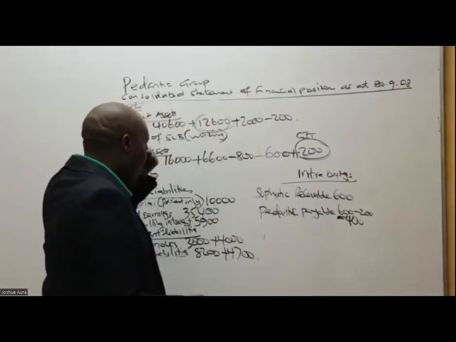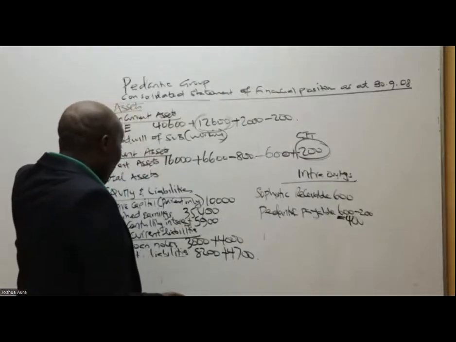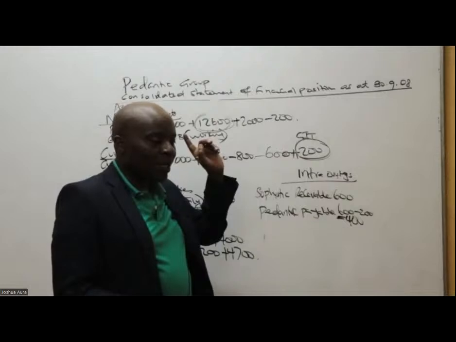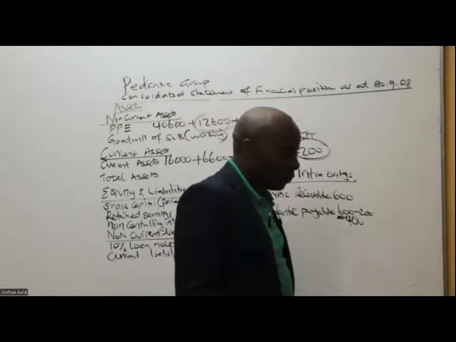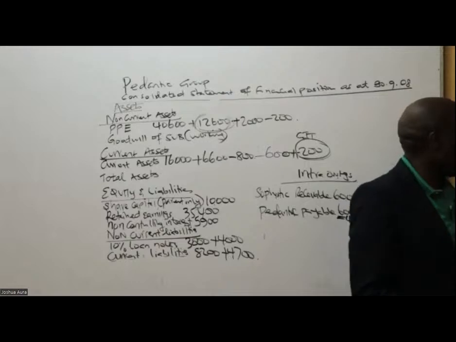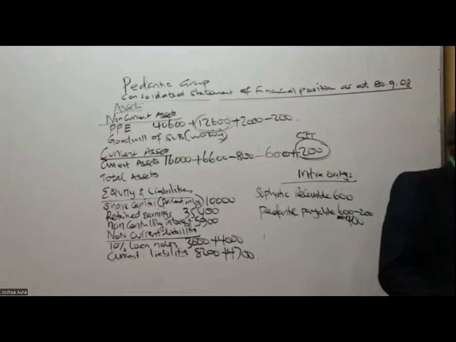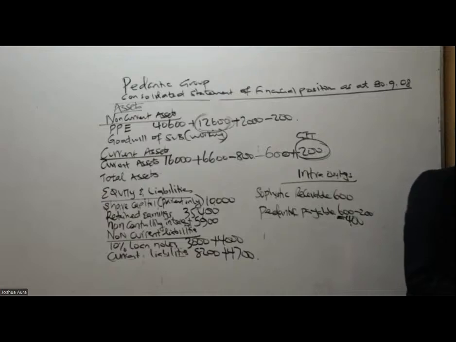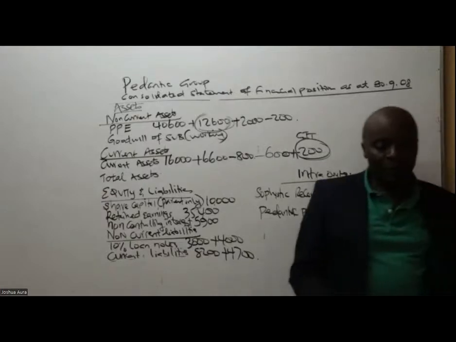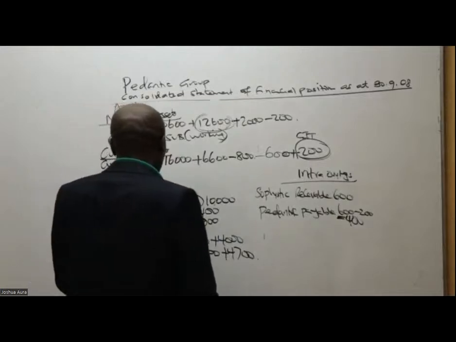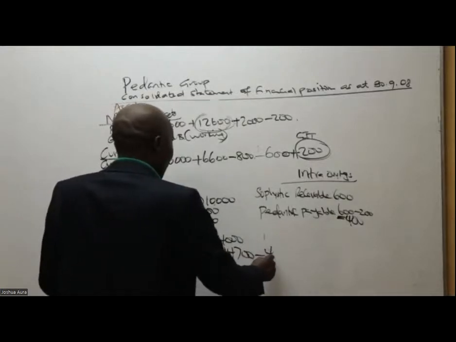This is a fake payable. So this fake payable, where do we deduct this fake payable of 400 from? Current liabilities, right? So from current liabilities, ukuja useme hapo minus 400.